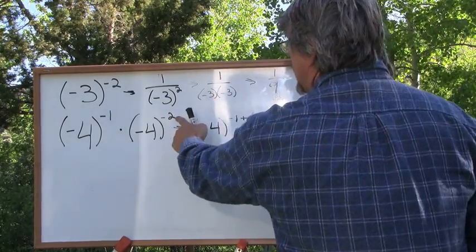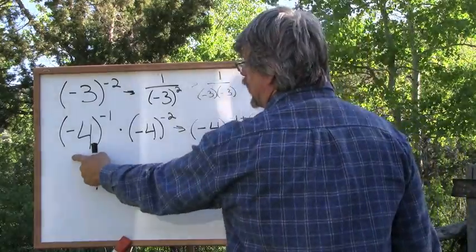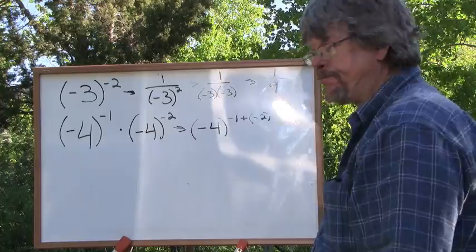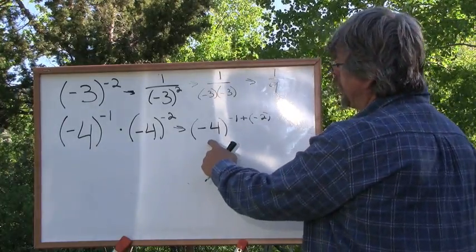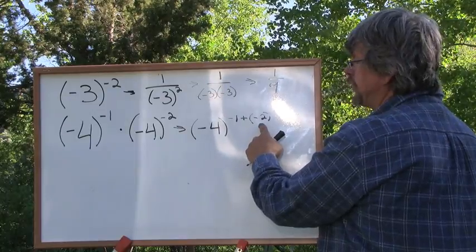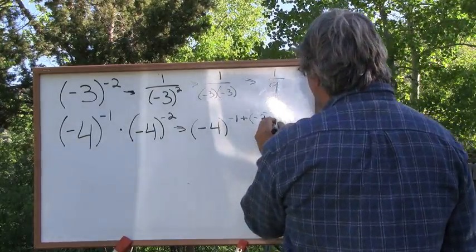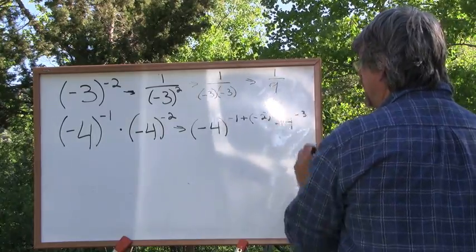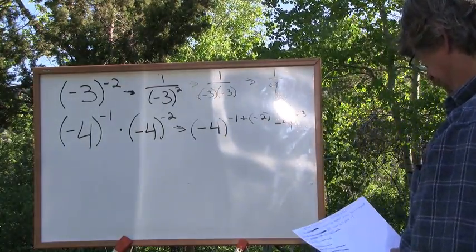We add the exponents when we multiply something that's taken to the power. You remember that? So this becomes negative 4 to the negative 1 plus the negative 2. So this is negative 4 to the negative third, right?